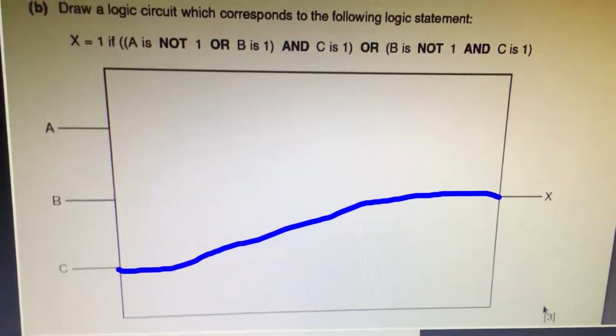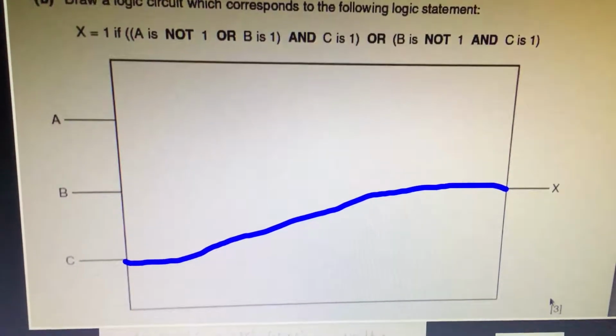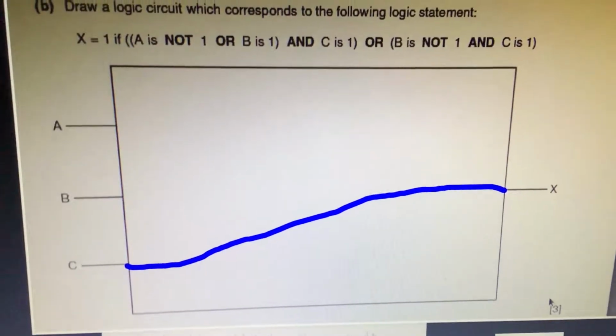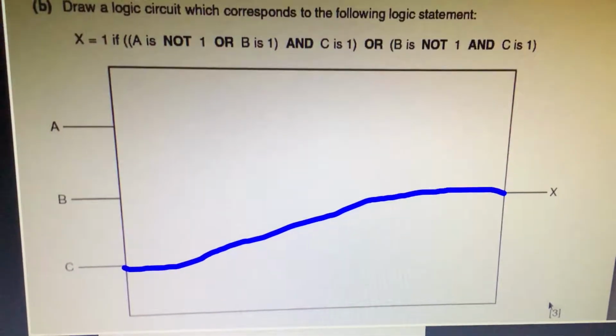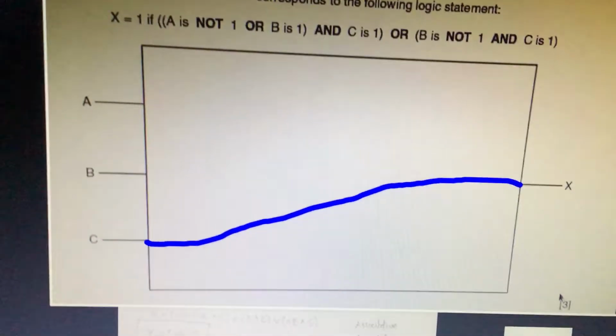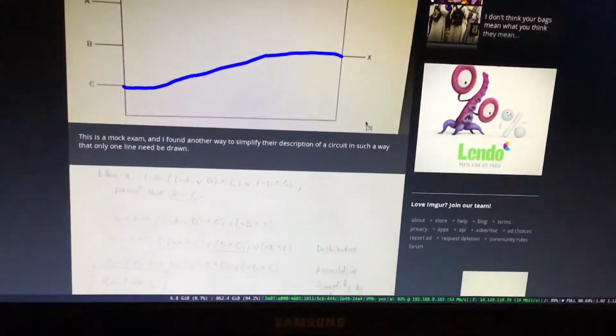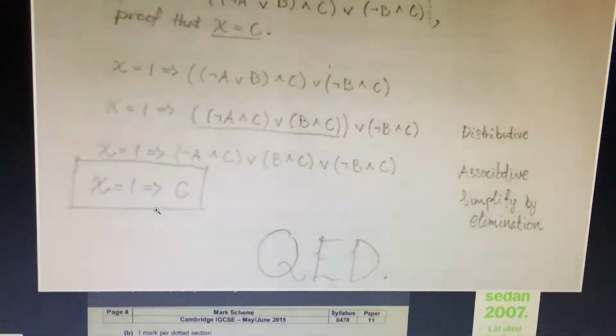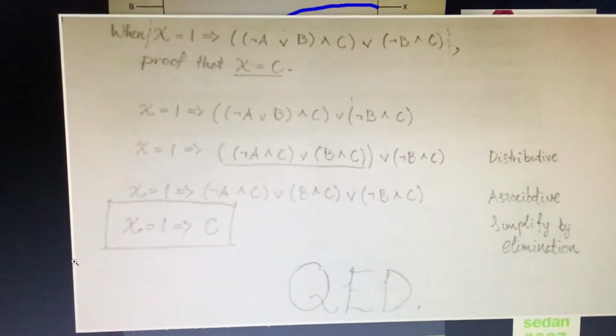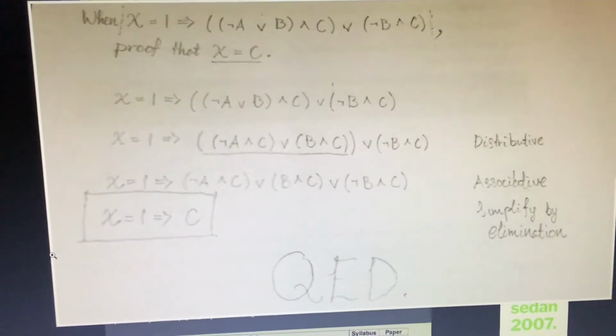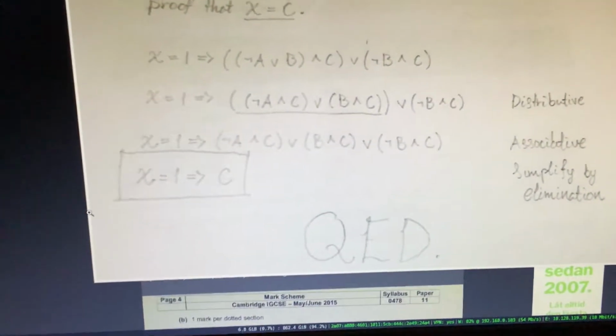How does this work? Well, to be honest, you're going to need to take a look at the proof, and it requires a bit of knowledge on Boolean algebra, which should be quite easy. So this is the proof that I made. Actually, there's a more correct one. I have it on paper right here.